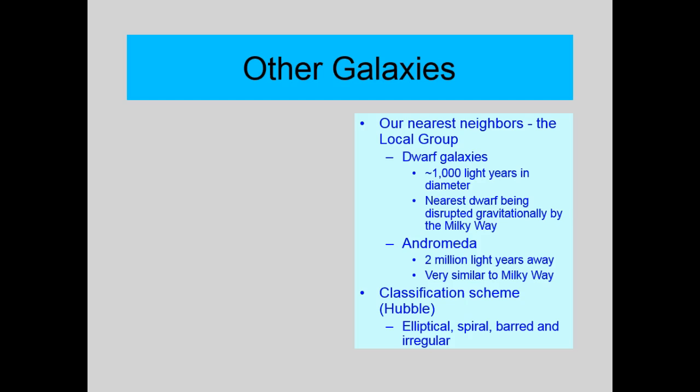Very similar to the Milky Way. Now, it looks like us, it acts a lot like us. In fact, it seems like I've read somewhere it's a little bit larger than we are, okay? And there's some thought, well, if we're disrupting this dwarf galaxy, could Andromeda someday disrupt us? I don't think it's anything really to worry about.